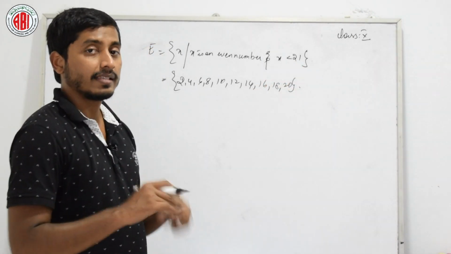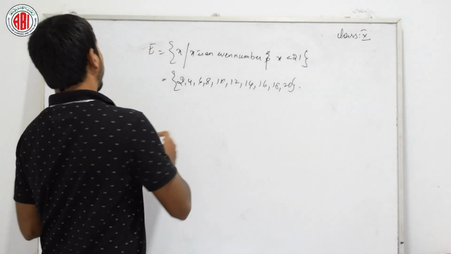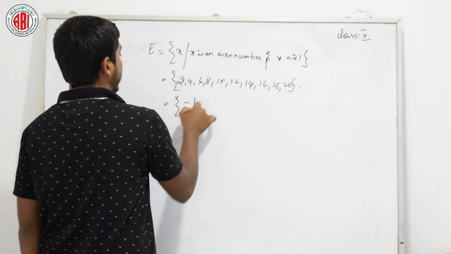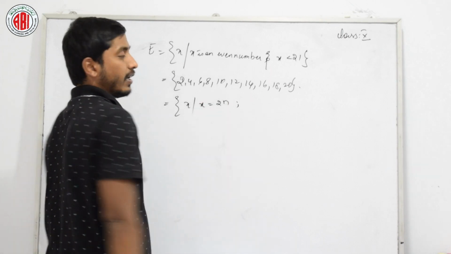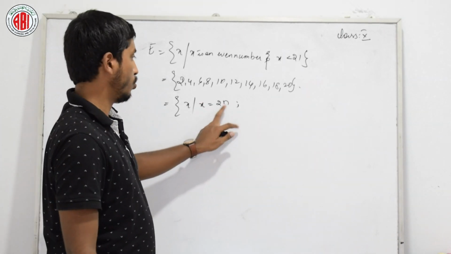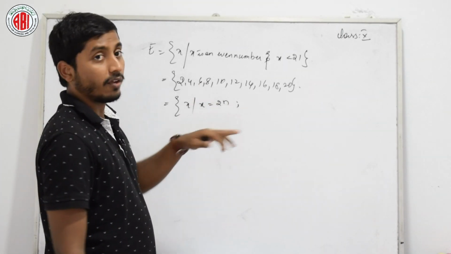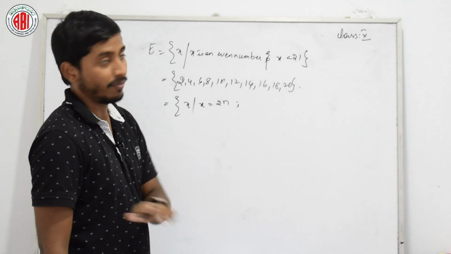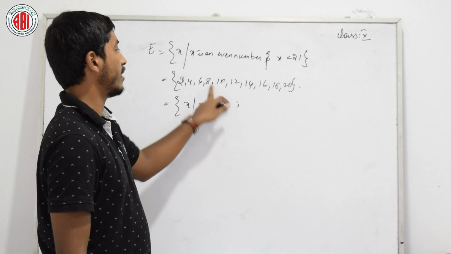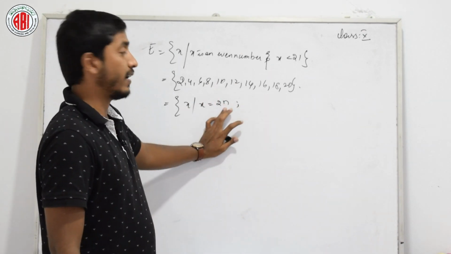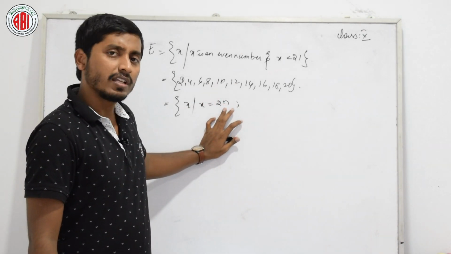Is it clear? This can also be represented in another form: x such that x is equal to 2n. Even number notation 2n. What is n? 1, 2, 3, 4, 5, 6 up to some number. 2 ones are 2, 2 twos are 4, 2 threes are 6, 2 fours are 8. Then we have to define this 2n.